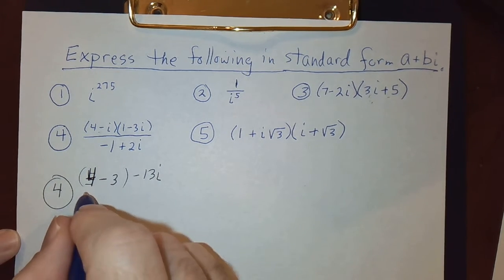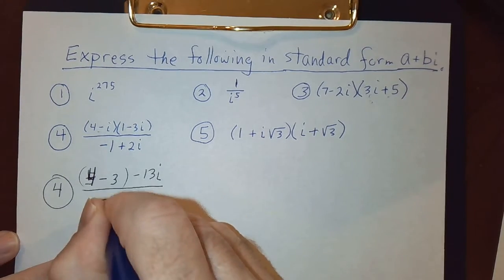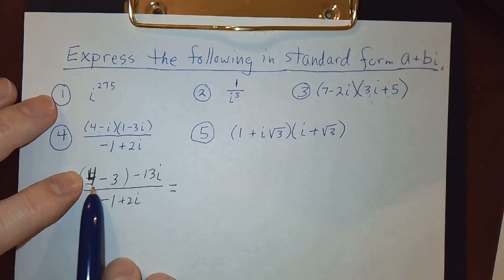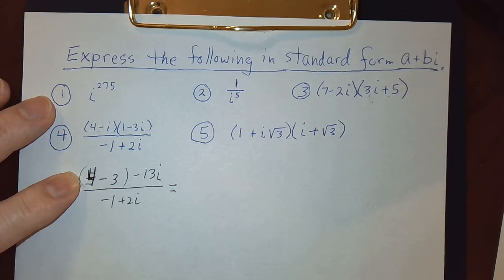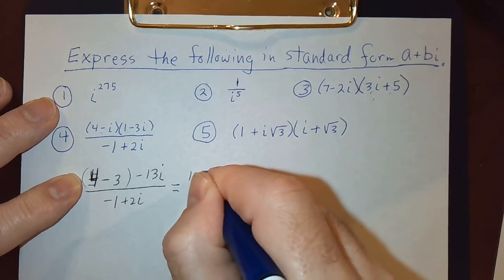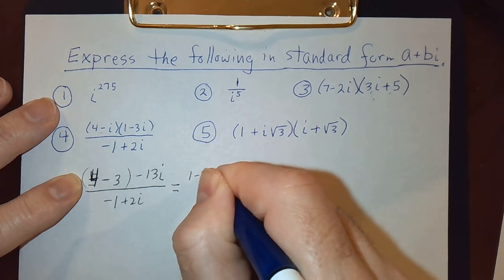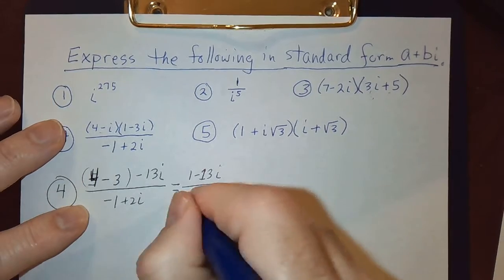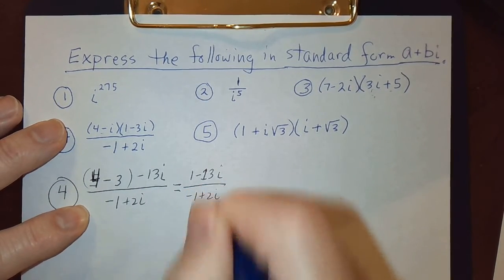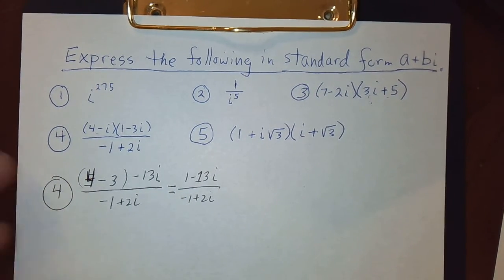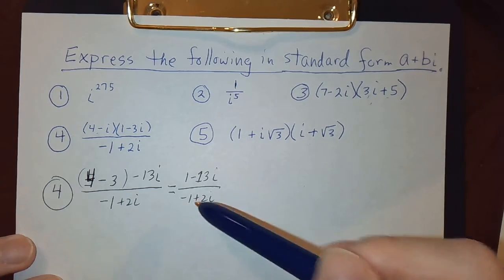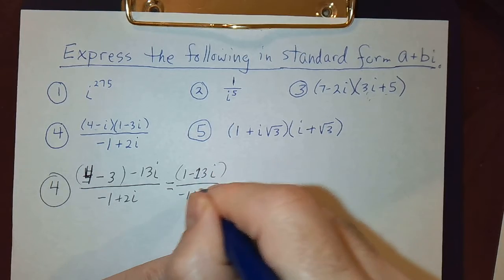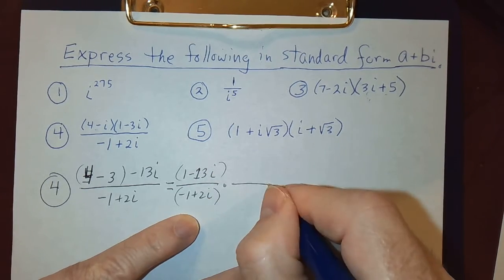All right, now let's do the denominator. We'll keep it the way it is. Let's simplify the top. 4 minus 3 is 1, so we get 1 minus 13i over negative 1 plus 2i. So we have a quotient again, and what do we do when we have a quotient, complex over complex? We multiply top and bottom by the complex conjugate of the bottom.